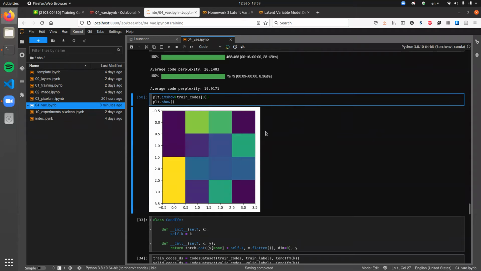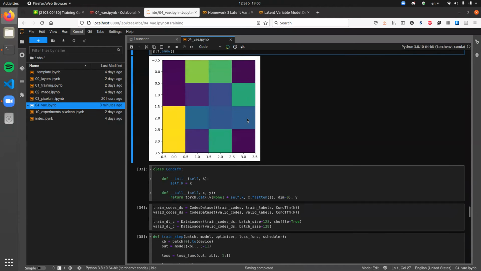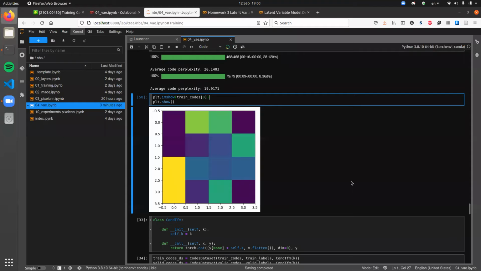But if you increase the size of the codebook while adding this order-enforcing loss, then maybe we can still have a good representation of our data, but also get high quality sampling out of it.